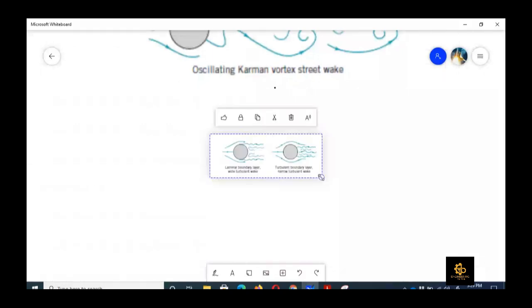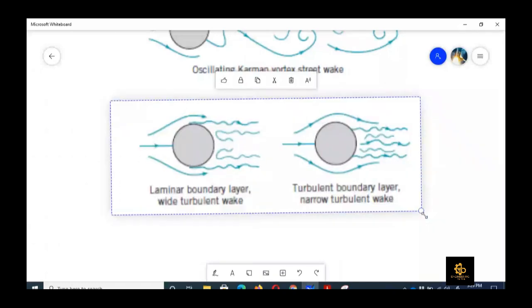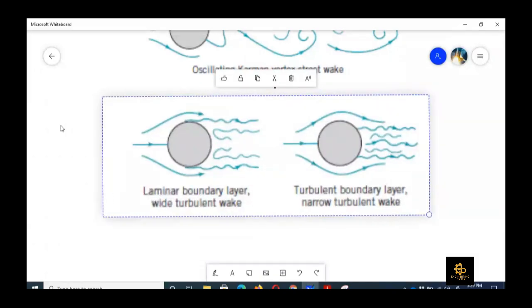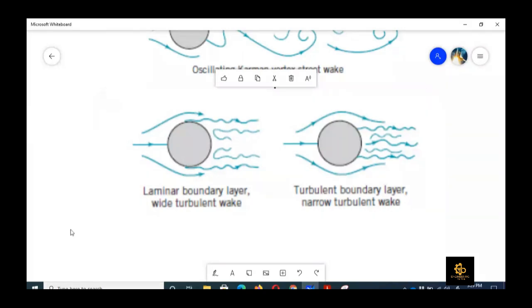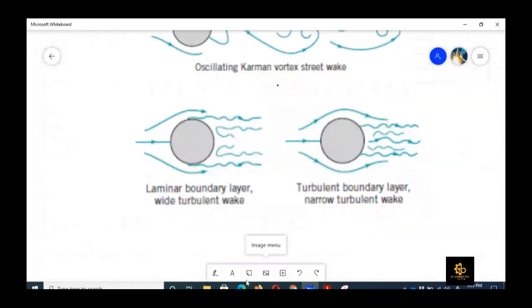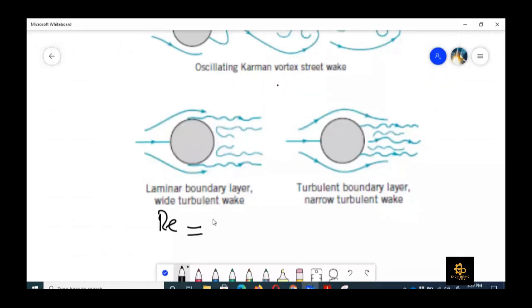Now, if we increase the Reynolds number beyond this, we are talking about the range in fluid flow. So for this case the Reynolds number is around 10,000, and here we can say the Reynolds number is 10 to the power 6, 1 million.